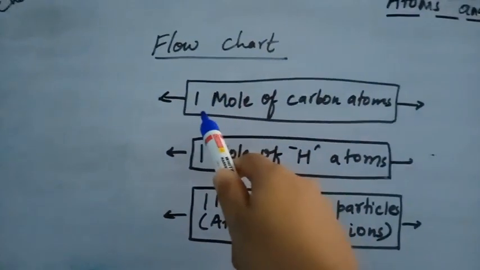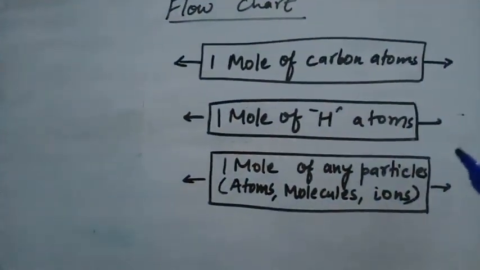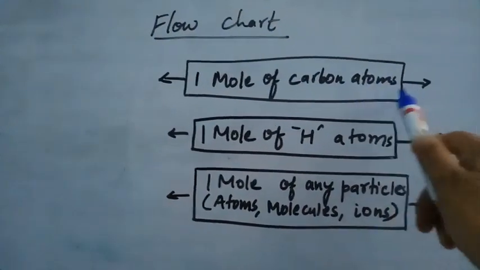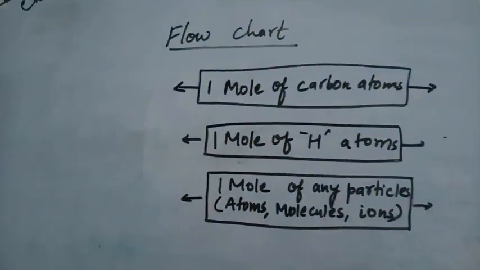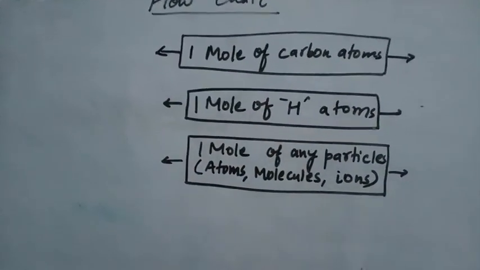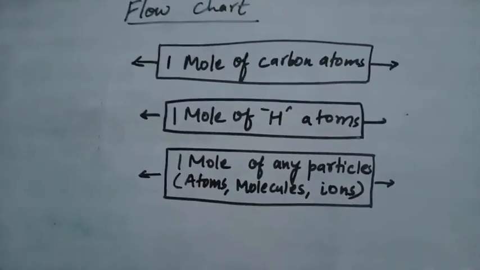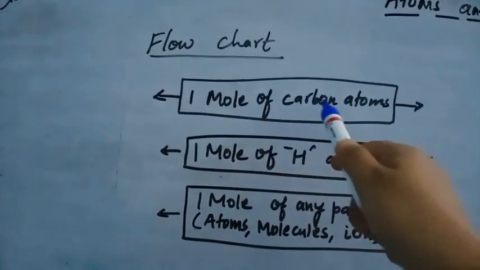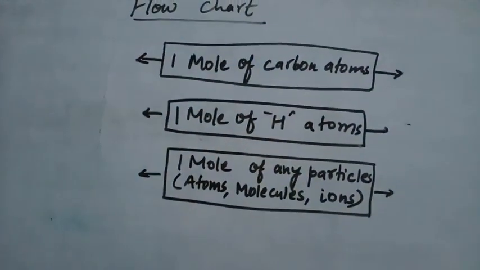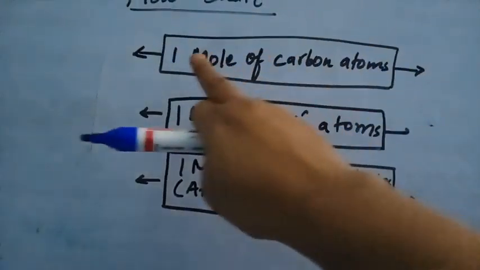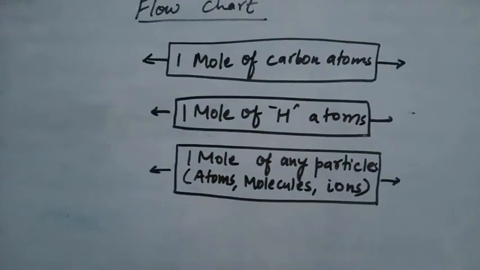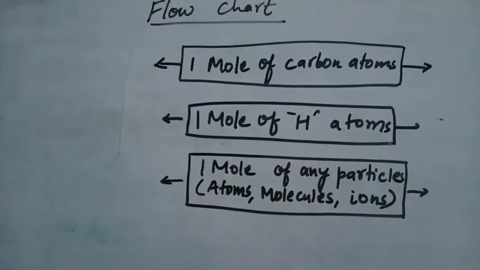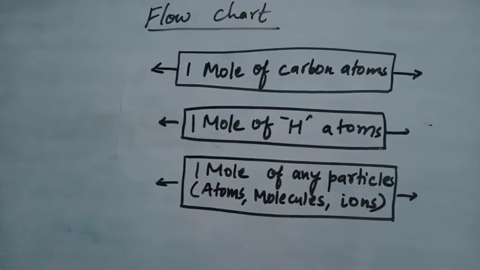So here you know that 1 mole of carbon atoms only shows that 1 mole contains more atoms in it, more than a single atom. Okay, so 1 mole of carbon atoms we always write. We can't write carbon atom because 1 mole contains 6.022 into 10 to power 23 atoms of carbon.